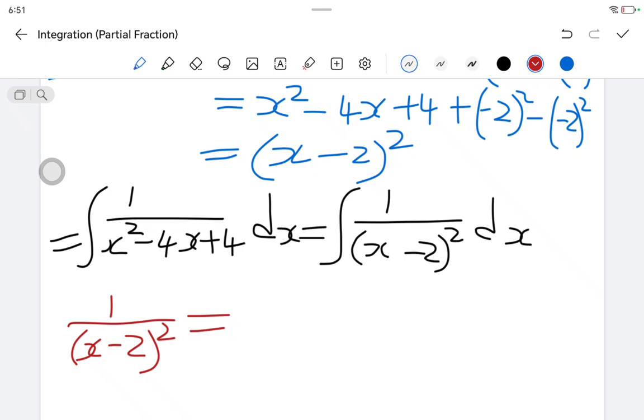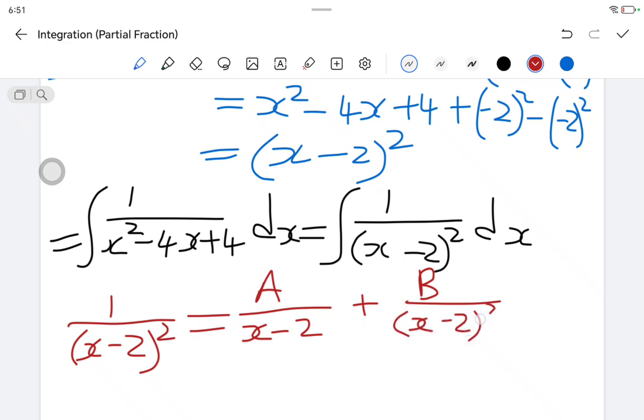Here's how you do it: you're allowed to say a over x minus 2 plus b over x minus 2 to the 2. So you decompose from 1 up until the number you have there.